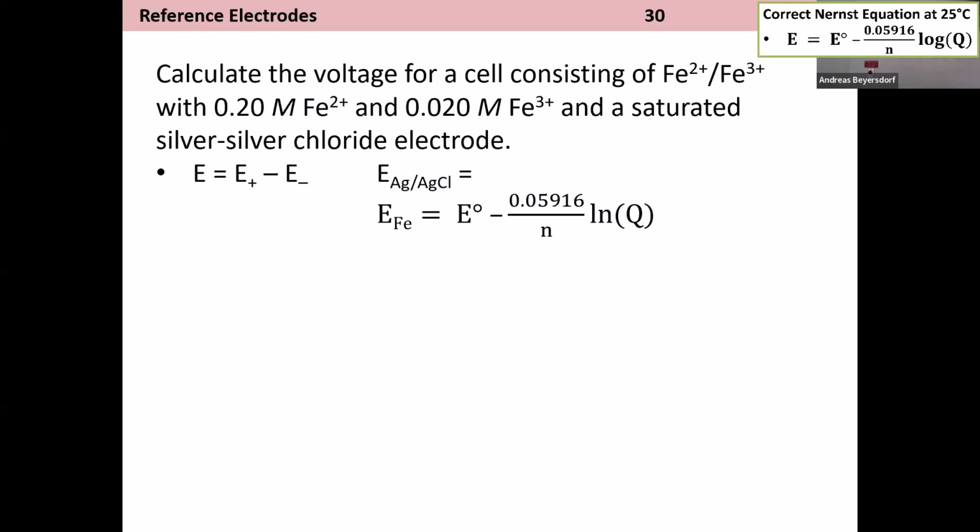So that means this is my reduction, and this will be my minus, my oxidation. So it's 0.635 minus 0.197. And I get 0.438 volts.